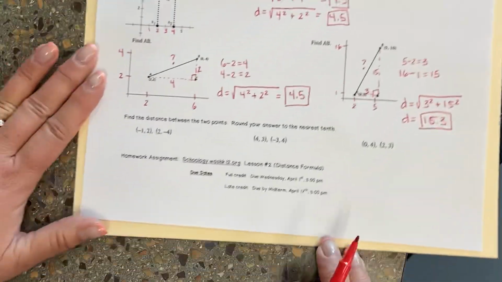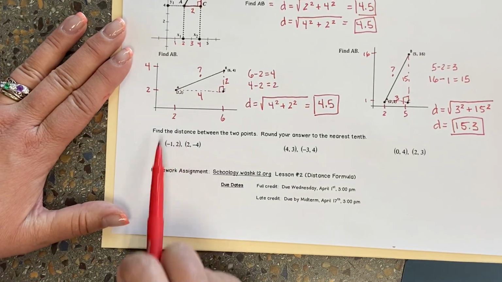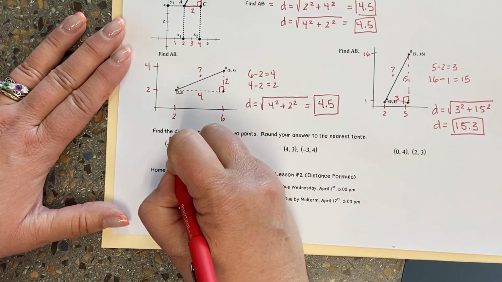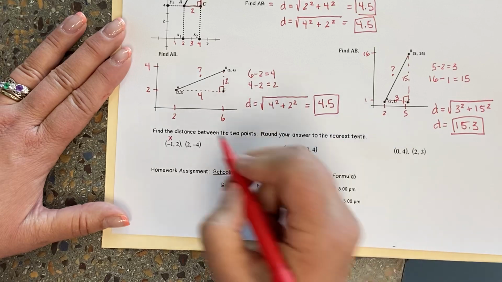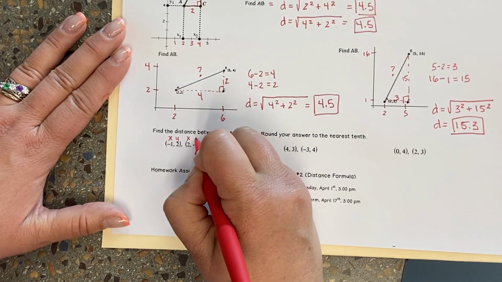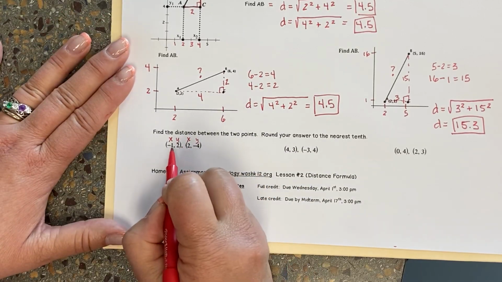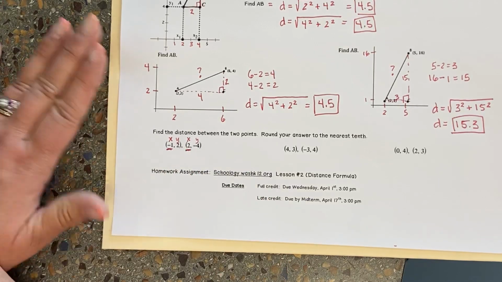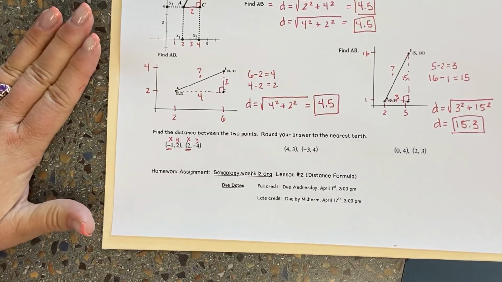Okay, so let's say we do not even have a graph to look at. We just have the points. Well, it's okay. We can do it. Because remember, when you have your coordinates, the x coordinate is first, then the y. So we're just trying to figure out how far apart these two x coordinates are, because that will be our x leg, or our horizontal leg.